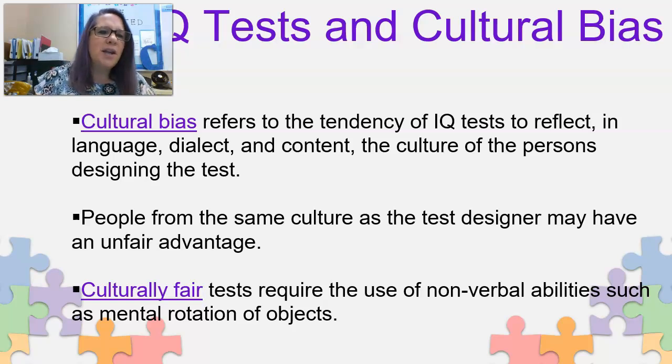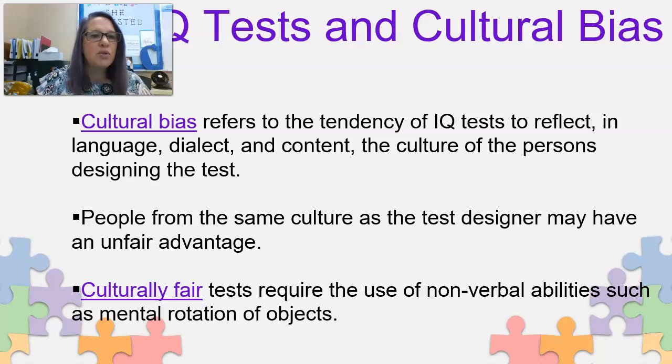Cultural bias. This is another thing the SAT and ACT and tests like that come into question about. So this idea of cultural bias is that IQ tests tend to reflect language, content, culture in its examples, in its questions, and it tends to reflect these things based on the person who designs them.